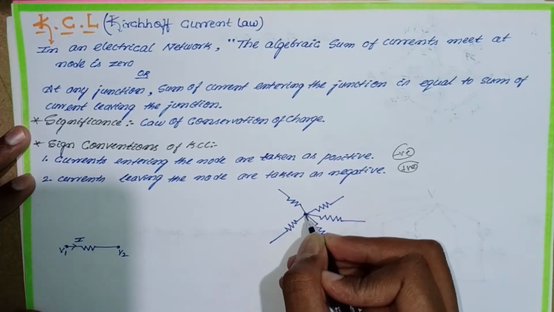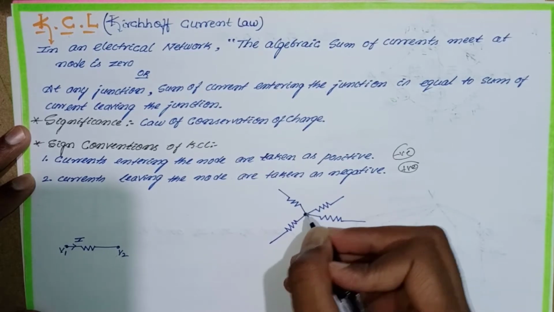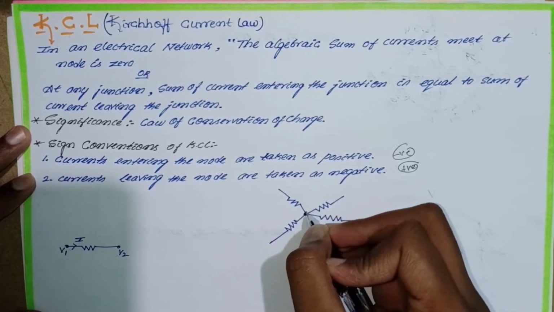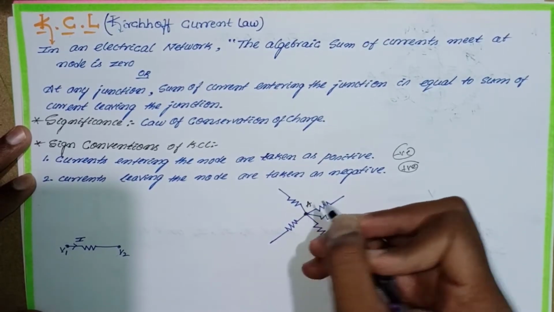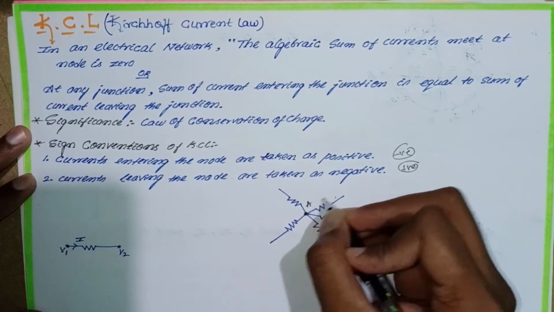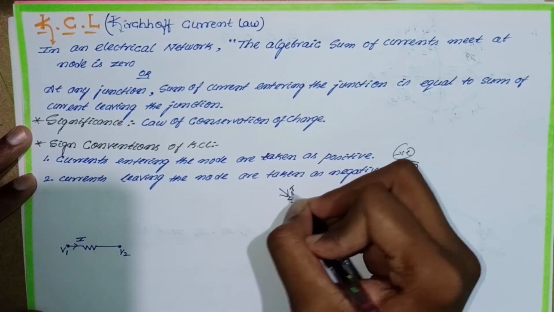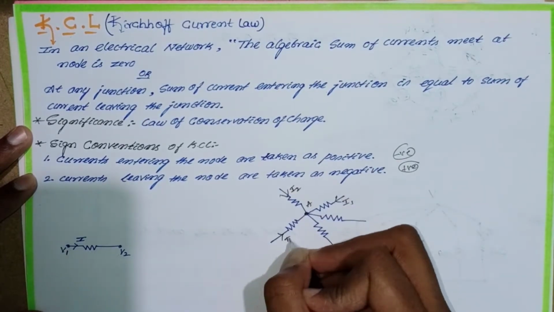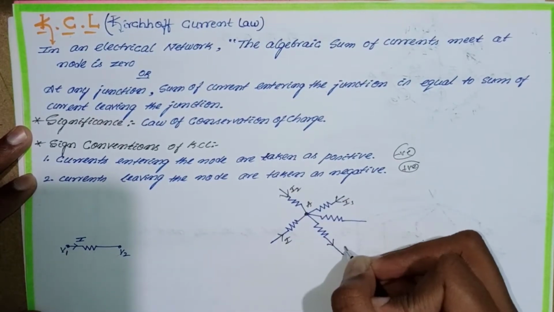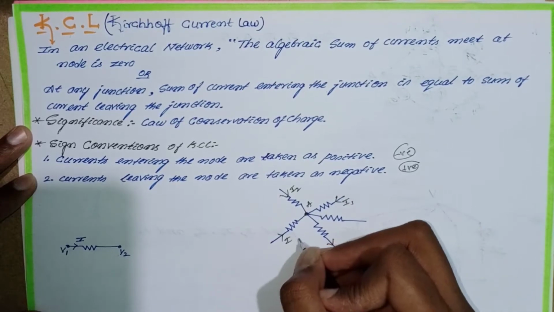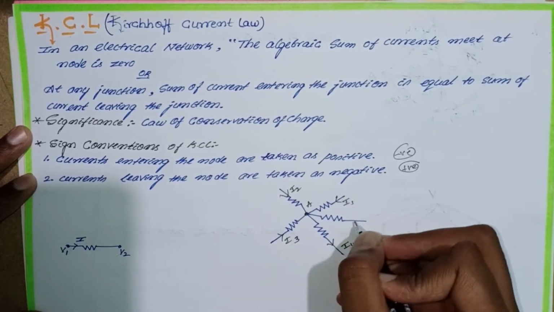I will take one example, this circuit, and this node I call A. I consider I1, I2, I3 entering, and I4, I5 leaving the node.